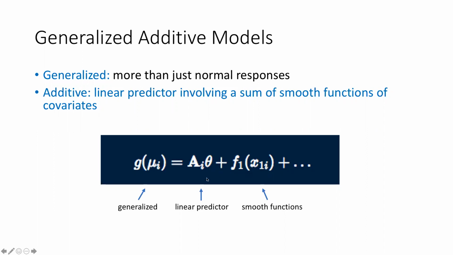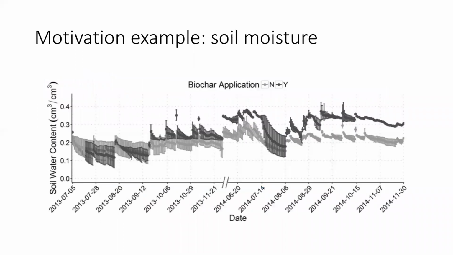We have a linear predictor, for which I'm going to give an example, and we add some smooth functions to account for the nonlinearity. And an example where we have used generalized additive models is for soil moisture.